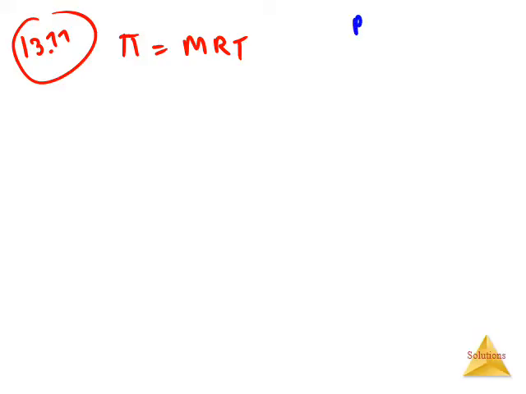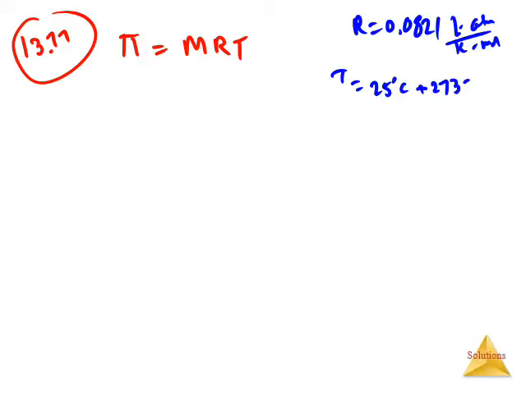R equals 0.0821 liter atmosphere per degree Kelvin per mole. T has to be in degrees Kelvin, and we know it's 25 degrees centigrade, so I need to add 273.1 or just 273. That gives 298 Kelvin. So we need these two numbers.